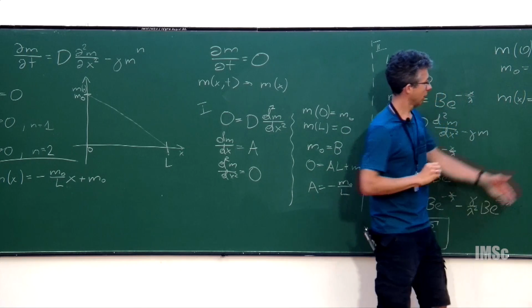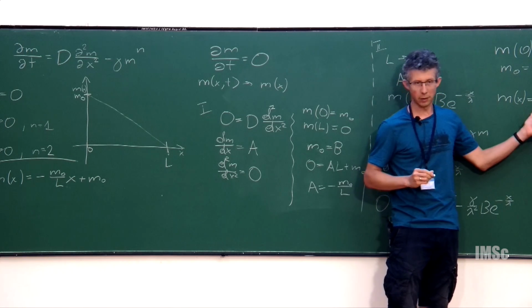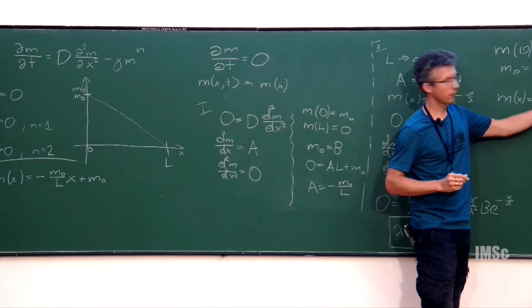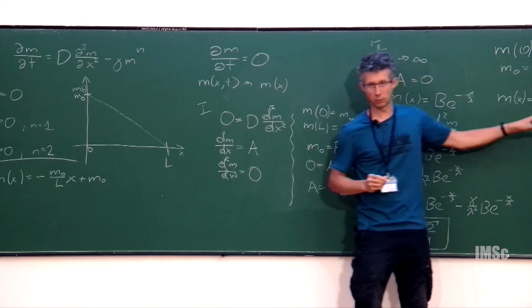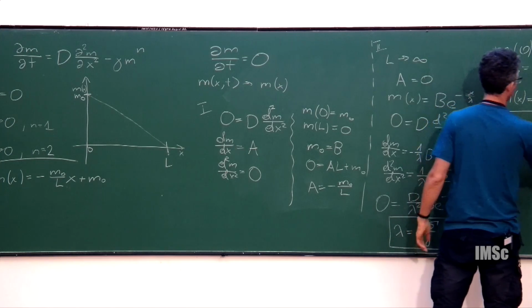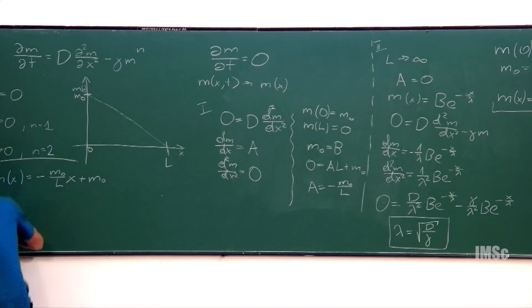And again, we could check at L that goes to infinity, it goes to 0, everything works. And also this has dimension of unit, x divided by something with the dimension of unit gives you a non-dimensional quantity. So that would be the solution for the second case.